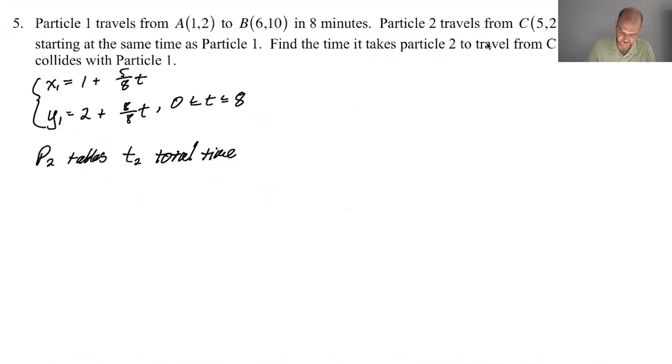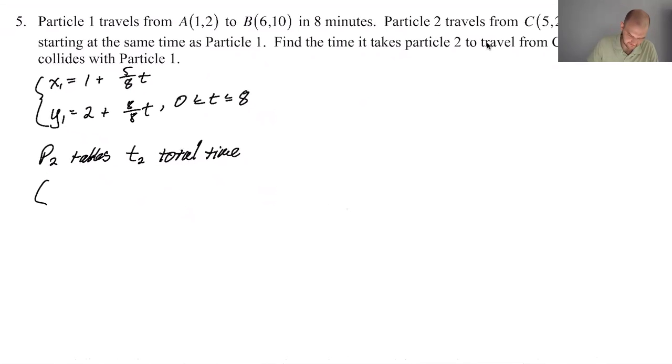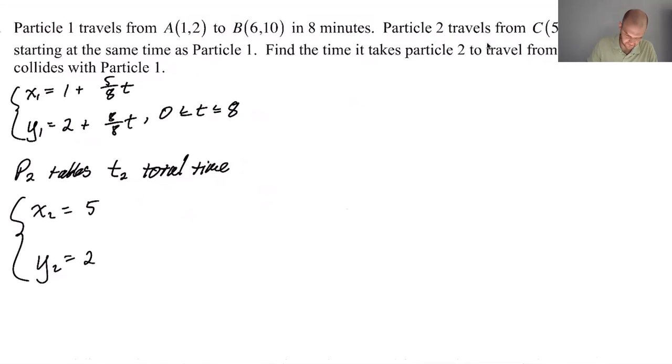We don't know what T2 is, but we can say that x2, y2 is going to be 5, 2 is where you start, and then x has to lose 3 in T2 times t, and then y has to gain 8 in T2, and then the time will be 0 to T2, which we do not know.